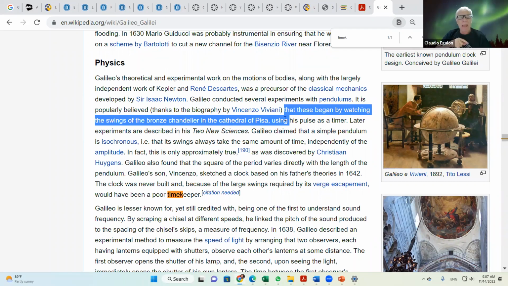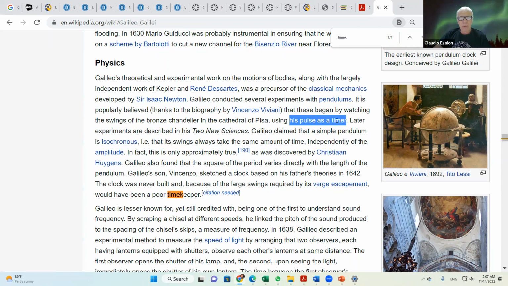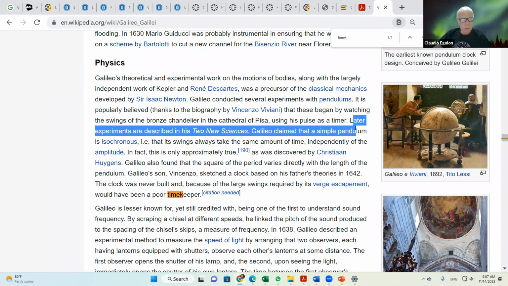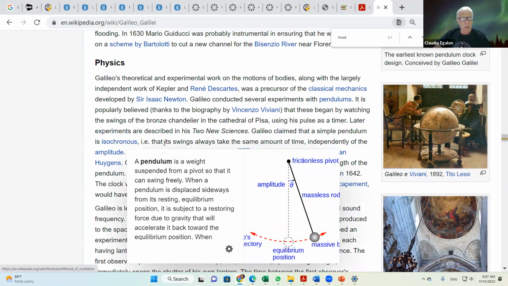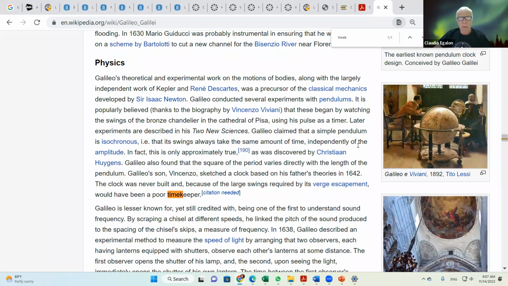So just by comparing the oscillations of this chandelier with his heartbeats as a timekeeping device, he came to the conclusion that the motion of the chandelier was isochronous. What does isochronous mean? It is something that always takes the same amount of time to oscillate, independently of the amplitude of oscillation.